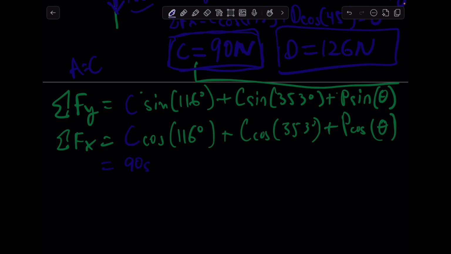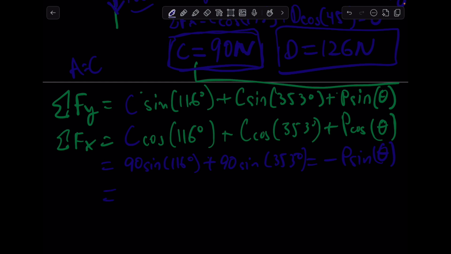90 sine 116 degrees plus 90 sine 353 degrees equals negative P sine theta.